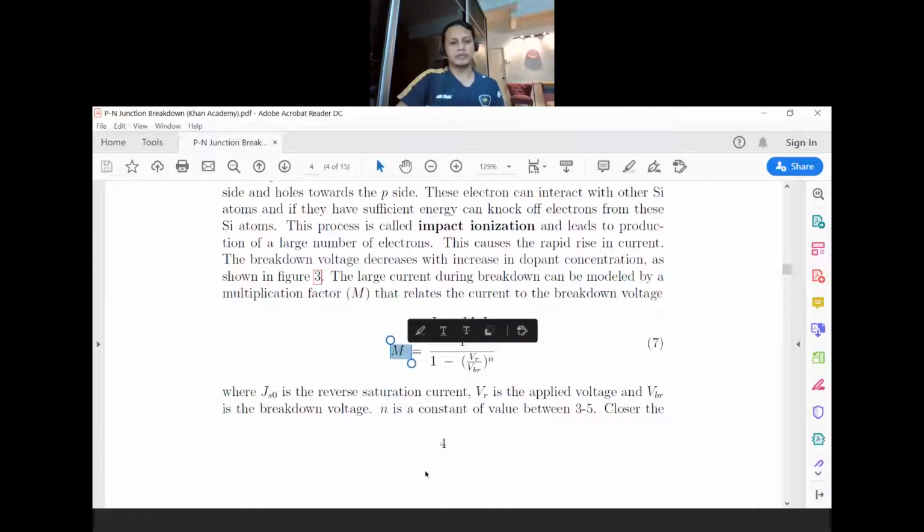This M is just for us to know how much current you have, how many folds of current increase in comparison to the reverse saturation current, right?